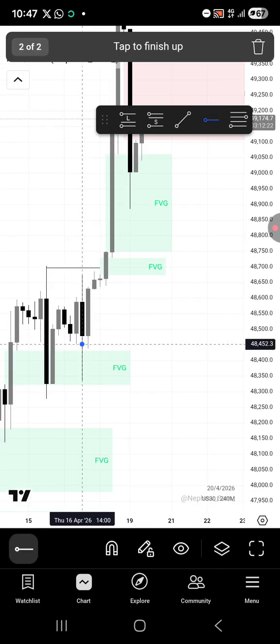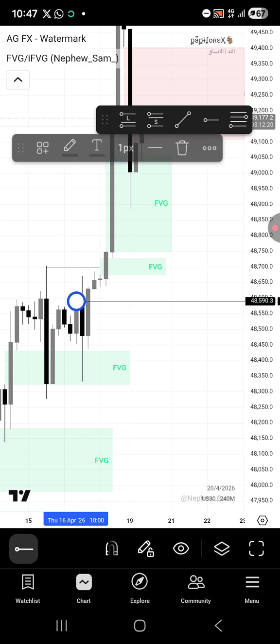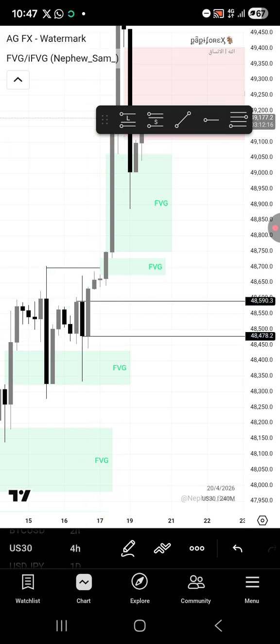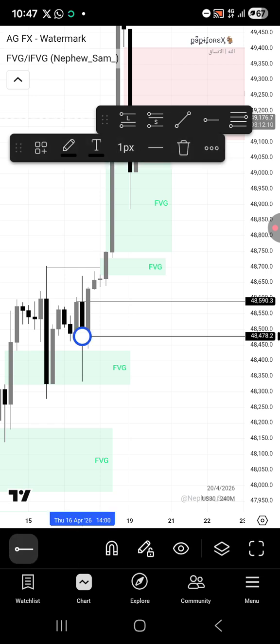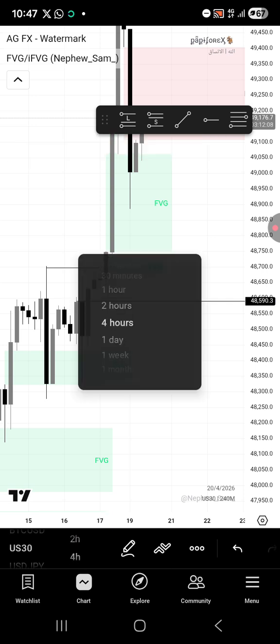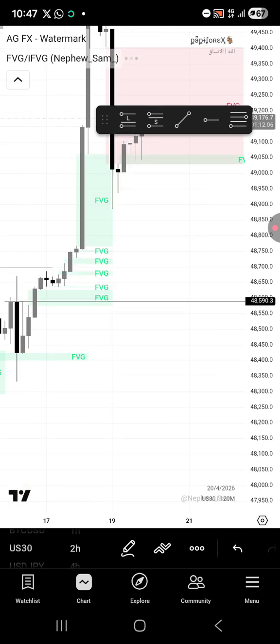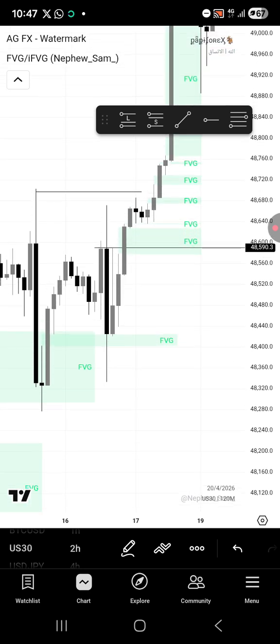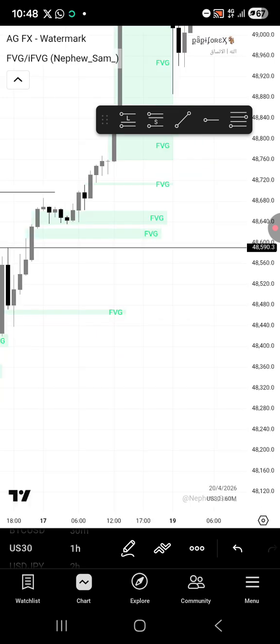I can see either price reacts from this area or from this area. Anyone. You can decide to go to a lower time frame to refine it. Like now on my two hours time frame, okay, let me use 1 hour.